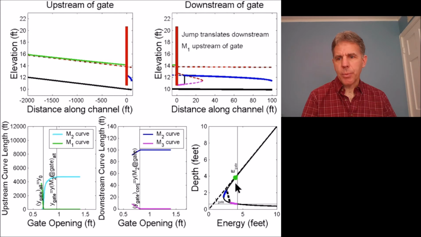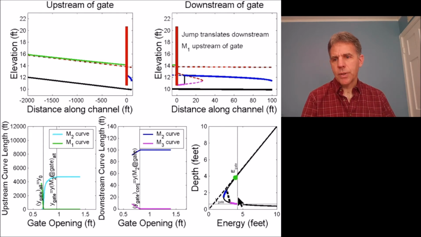If we look at it from an EY perspective, we have normal depth, and now we actually move up the EY diagram to the energy associated with the gate. The gate is causing a choke, causing an energy gain.